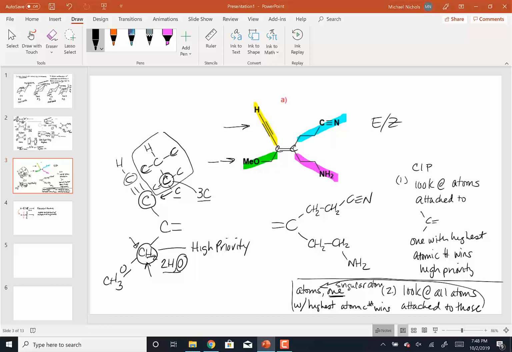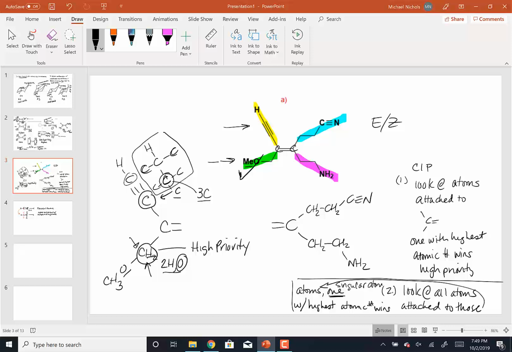Of this yellow group and this green group, I use a check mark to say the CH2OCH3, the Me stands for methyl, that group now has the high priority. Now I need to do the blue and the purple to figure out which one of those 2 groups has the highest priority, and to determine whether the 2 high priority groups are cis-trans, which would translate to Zusammen and Entgegen. So let's go ahead and do that.